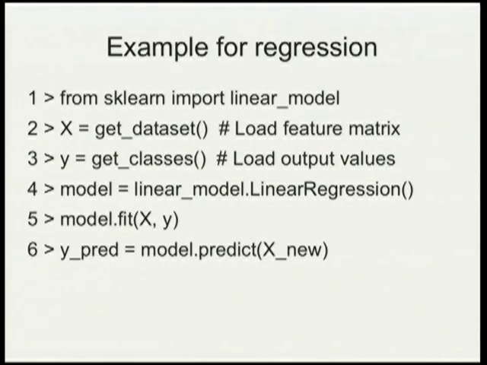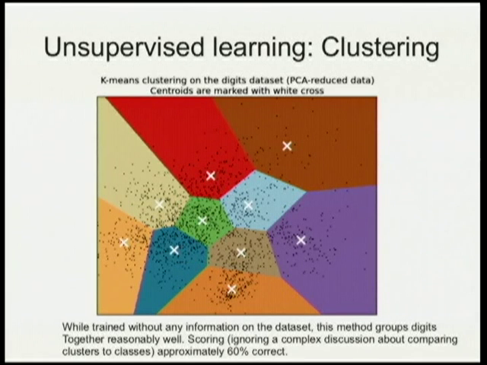And to have a look at the regression code, nothing changed. Line 1 is a different import, and line 4 is a different model, but that framework is still the same. This is something we can rely on for new models in the library.